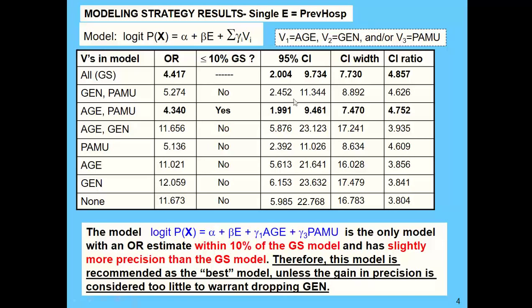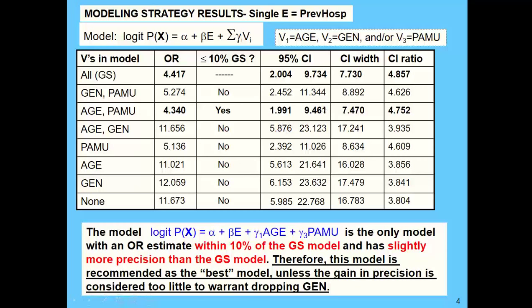And then we looked at the confidence interval around the odds ratio for that subset and compared it to the confidence interval for the gold standard. And we asked the question whether we gain precision by dropping the gender variable, which we'd be dropping to get this particular subset. And we found that we gained a little bit of precision, but not a lot.